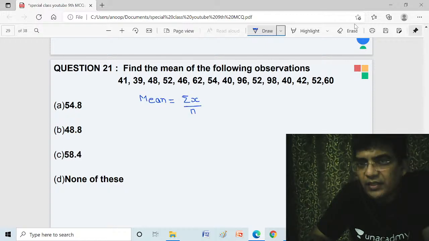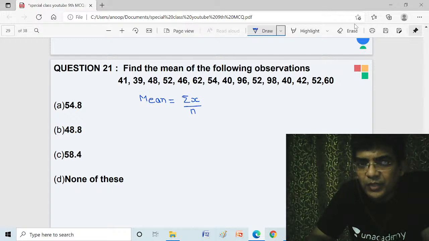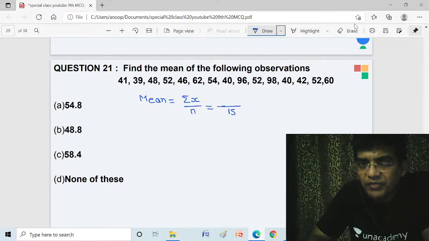Let us count how many observations are there. 1, 2, 3, 4, 5, 6, 7, 8, 9, 10, 11, 12, 13, 14, 15 observations are there. So that means we have to divide it by 15. But first we have to find summation x. That means we have to add all these terms.